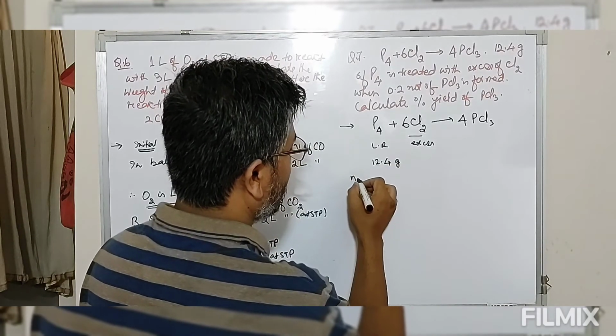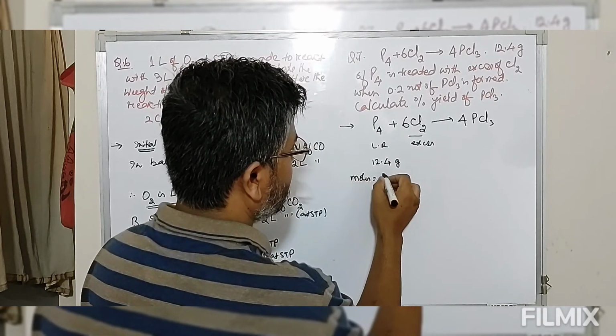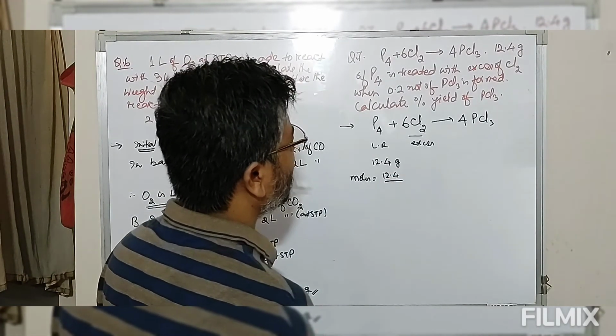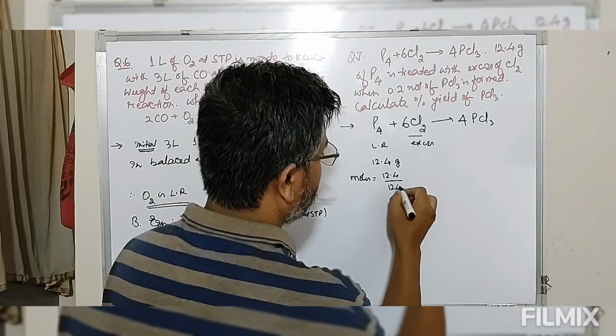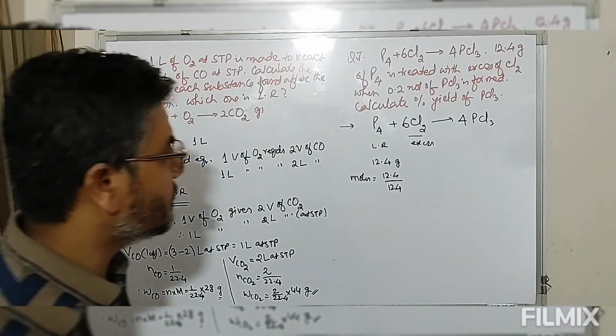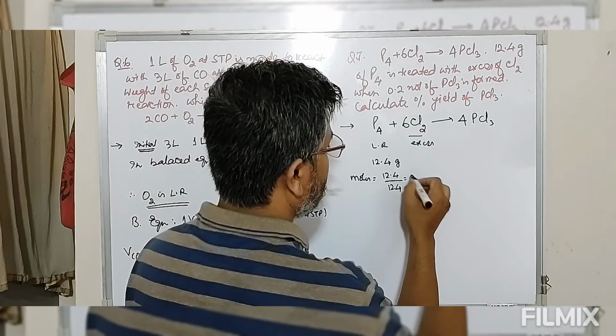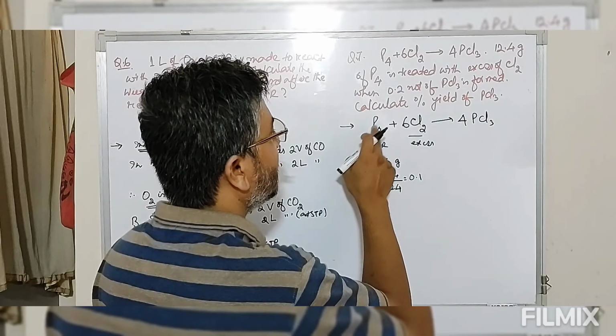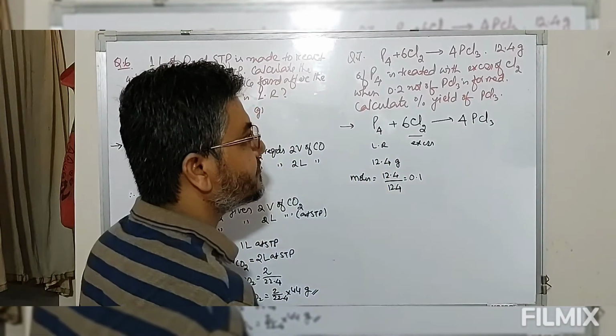So we can define the number of moles. Moles is 12.4 divided by the molecular mass of phosphorus, 31 into 4, 124. So that means this is 0.1. So we have 0.1 mole of P4 introduced.